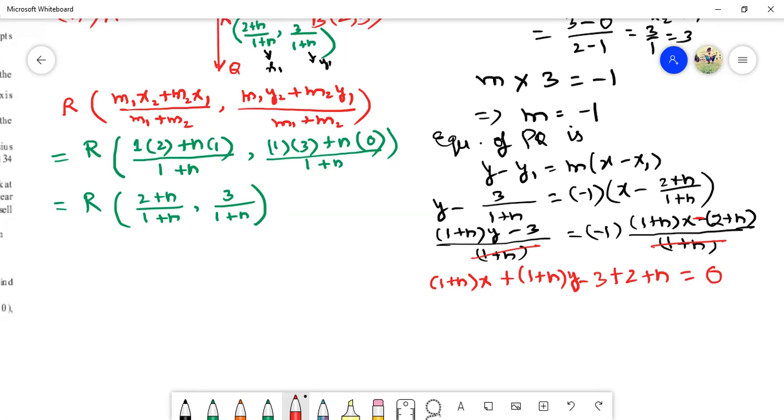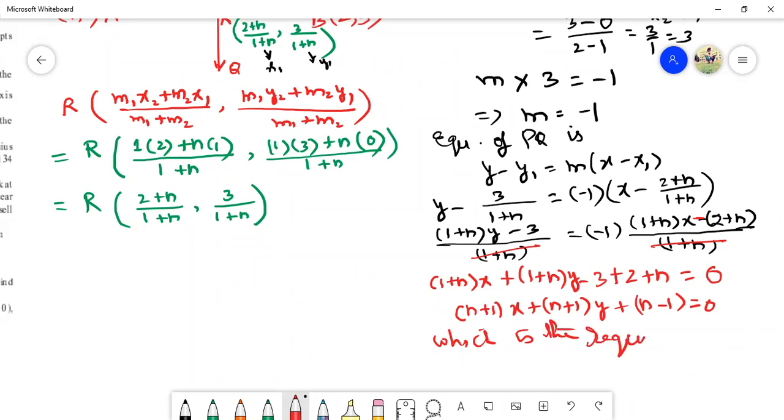So we get the required equation, (n plus 1)x plus (n plus 1)y plus n minus 1 is equal to 0, which is the required equation of line PQ.